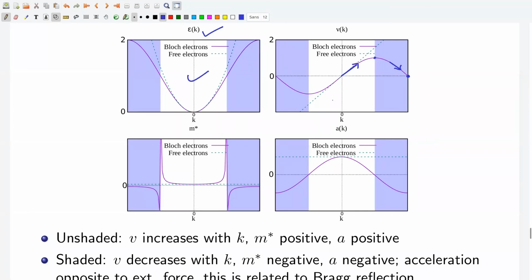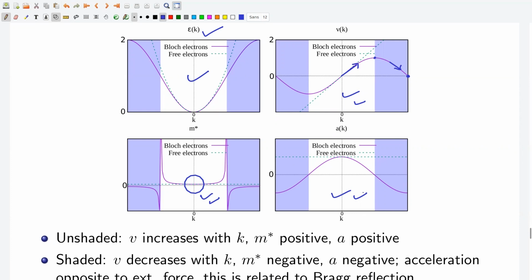In the unshaded region of the first Brillouin zone, velocity increases with k. m star is positive and equal to the free electron mass near the zone center, and acceleration is positive. Thus, in the unshaded region closer to the zone center, the behavior of Bloch electrons is somewhat similar to free electrons.